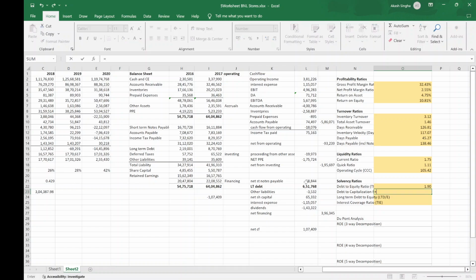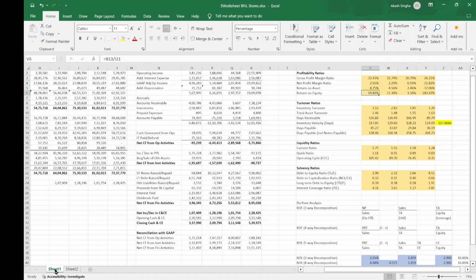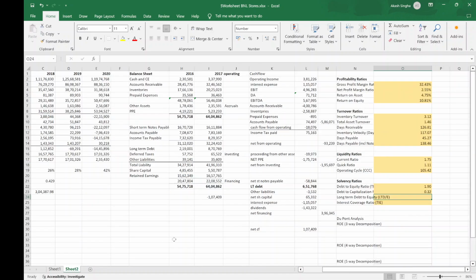Non-current liabilities are, these are current, so these are non-current liabilities by equity plus debt. 0.32, is it correct? Yep, thank God. Long-term debt by equity. It's straightforward.